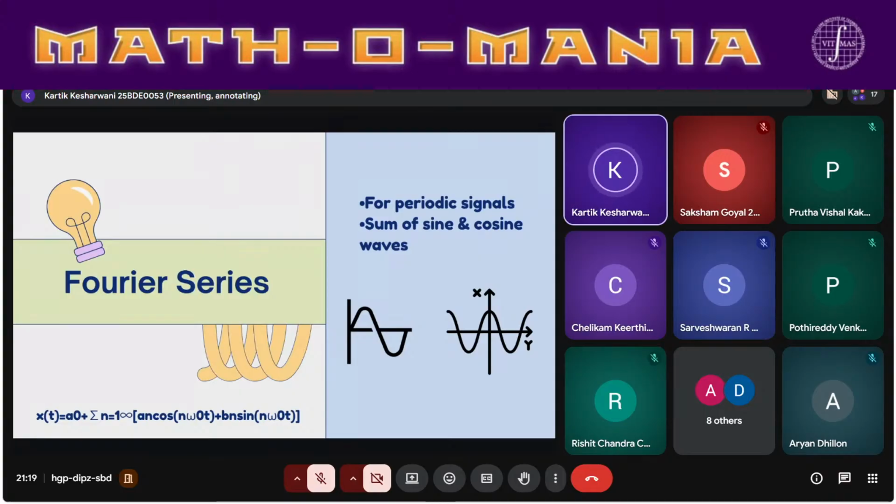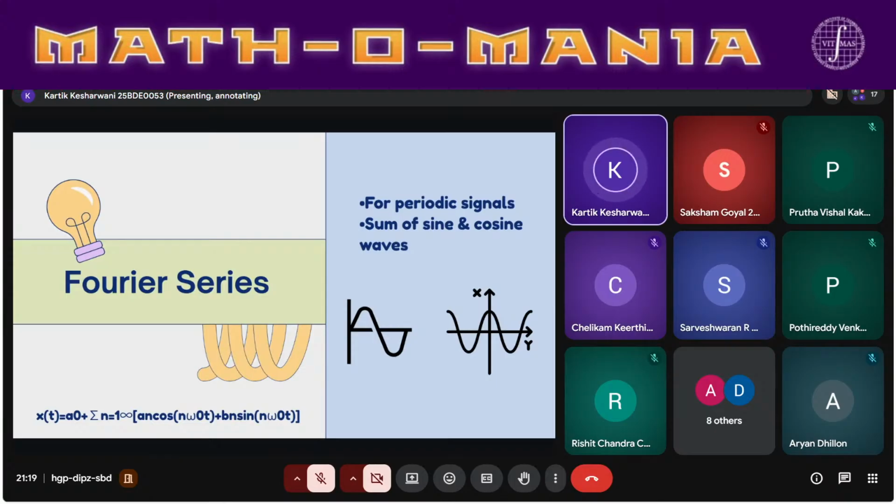As you add more components, the approximation becomes better. This shows us that complexity can emerge from simplicity. A waveform that looks sharp and discontinuous can exactly be represented using smooth sinusoidal components. This idea is extremely useful in analyzing circuits, signals, and vibrations.